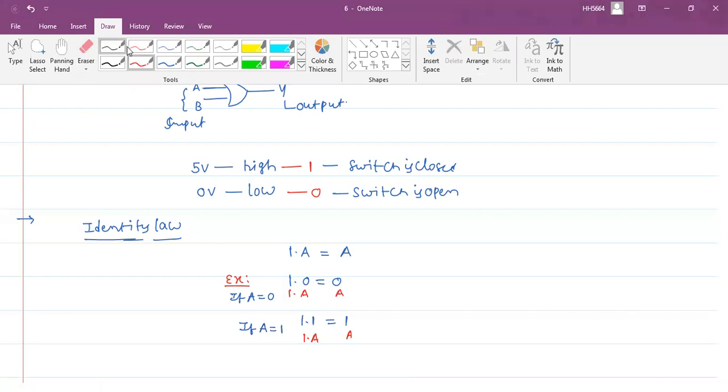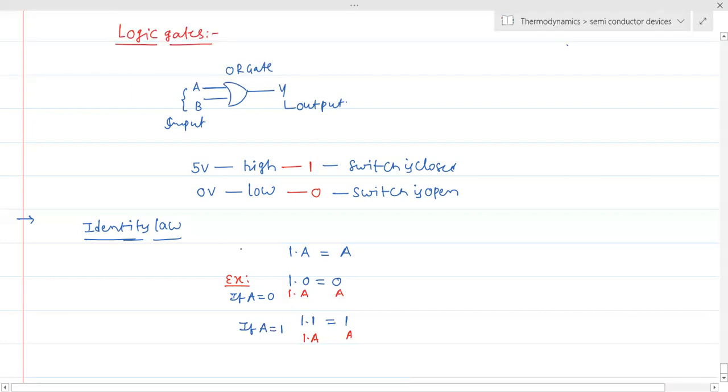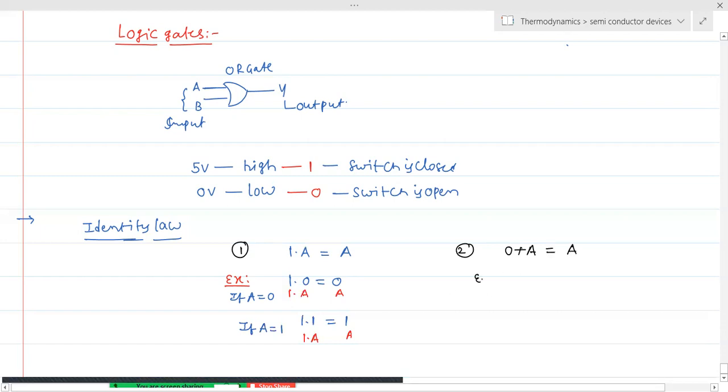Now I'm taking the second law, that is 0 plus A, 0 plus A equivalent to A. As we discussed, we will take some examples.